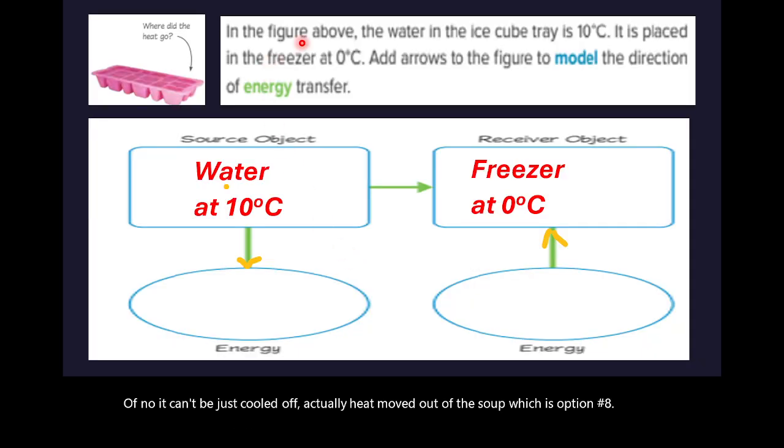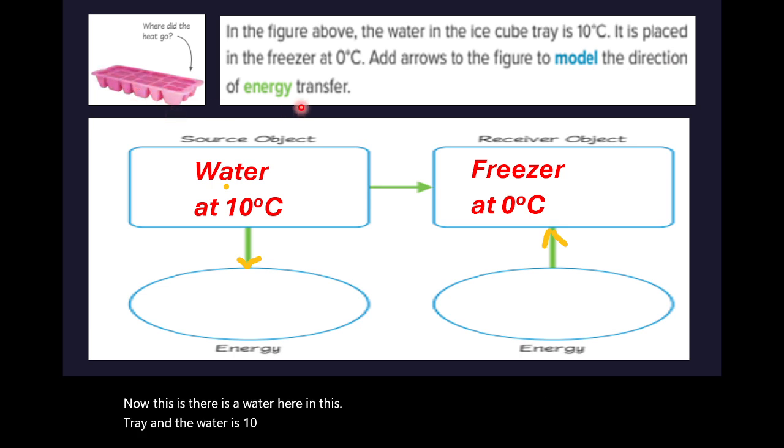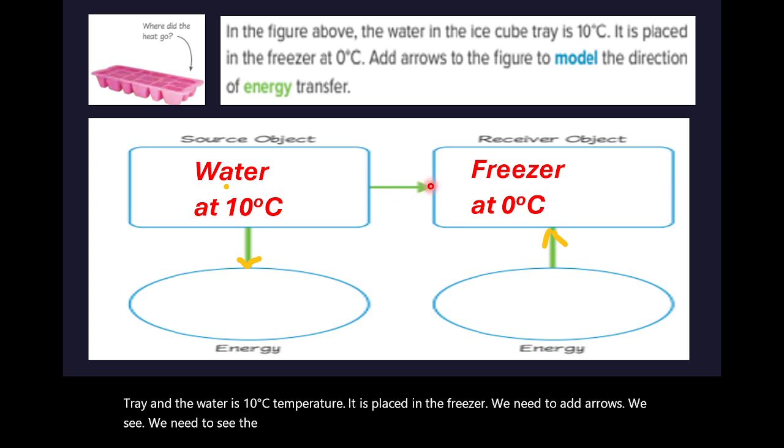Now, there is water in this tray, and the water is 10 degrees Celsius. It is placed in the freezer. We need to add arrows. We need to show the arrow sign for energy transfer, heat transfer. So heat is coming from the 10 degrees Celsius water to the freezer.